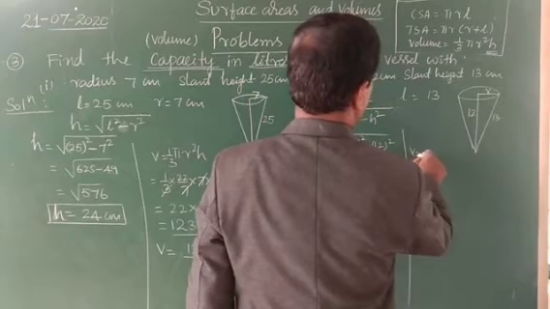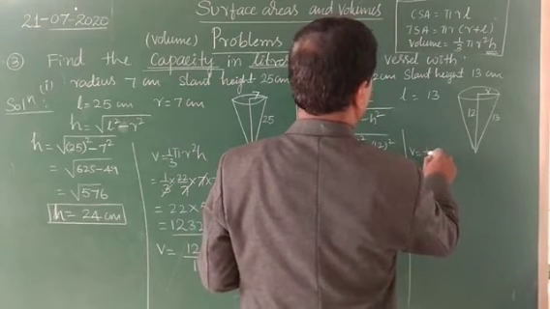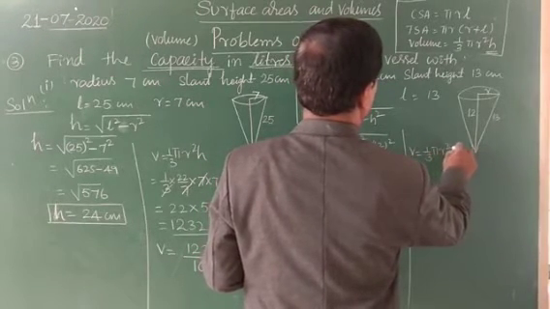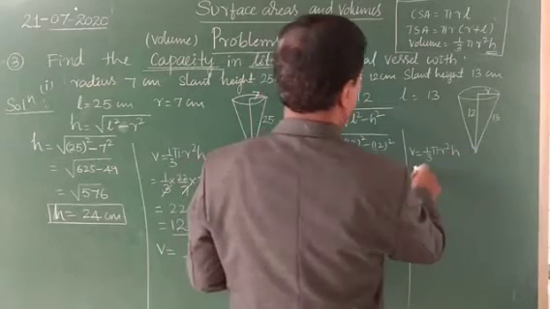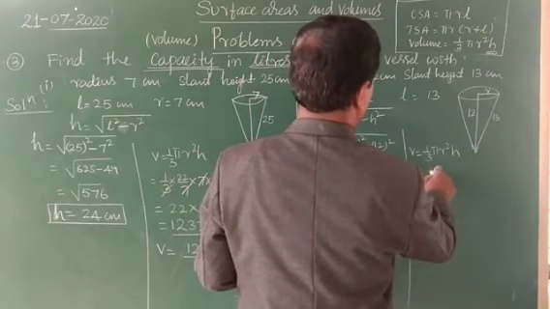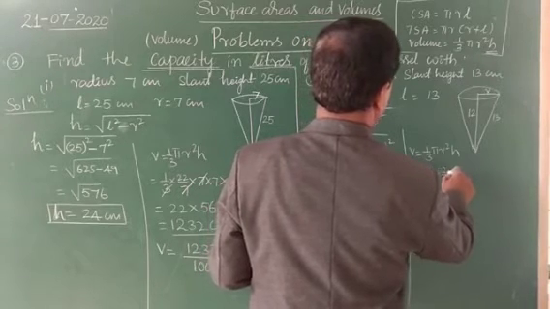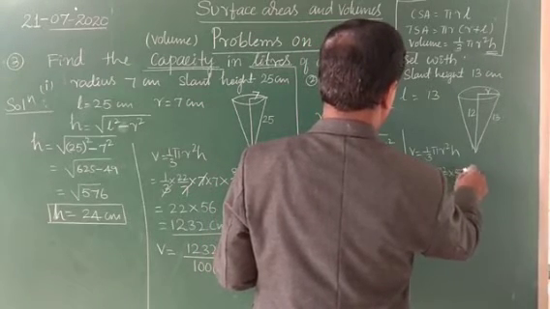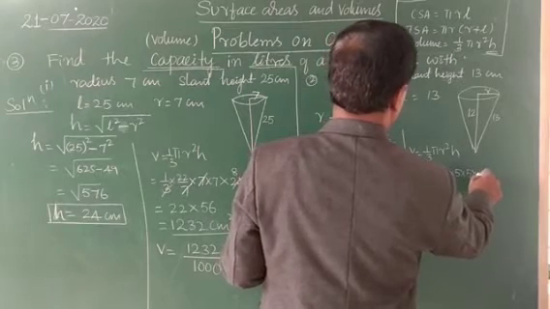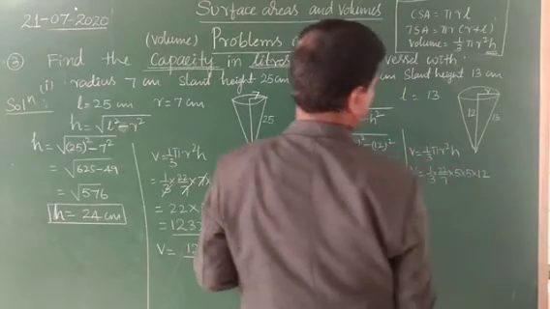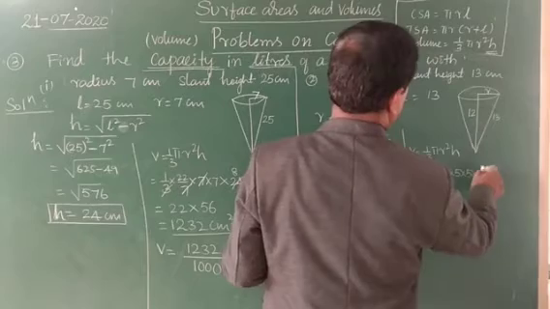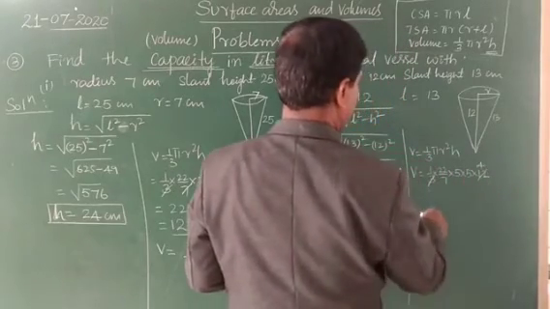So V is equal to 1 by 3 pi R square H. Now V is equal to 1 by 3 into 22 by 7 into R is 5 into 5 into H is 12. Now 3 ones are 3, 4s are 12.